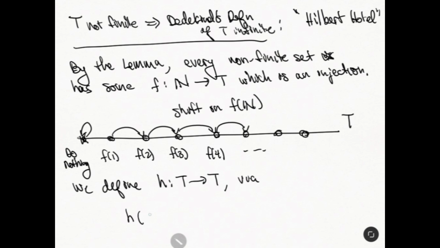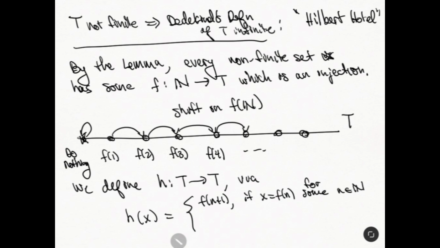H of x is going to be f of n plus 1 if x is equal to f of n for some n a natural number.